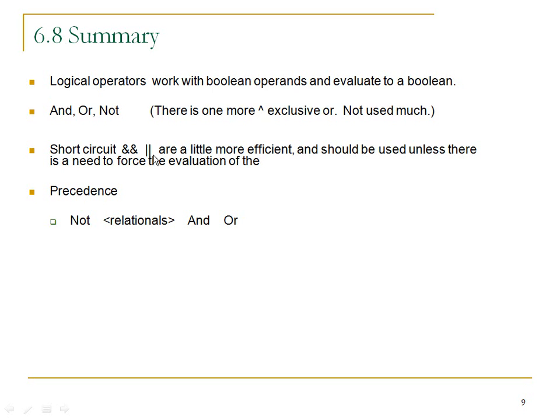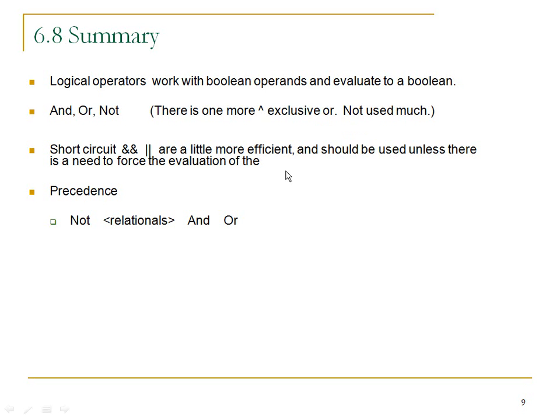Okay, short-circuiting. We looked at the short-circuit behavior with and and OR, and those operators are a little bit more efficient. Well, sometimes they're a lot more efficient depending on what's on the right-hand side. And those are the ones that you should be using unless you have a very specific need to force the evaluation of the right-hand side.